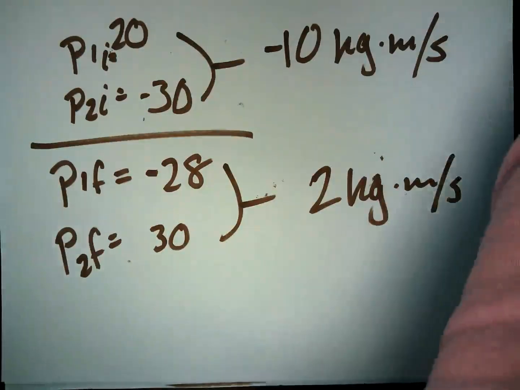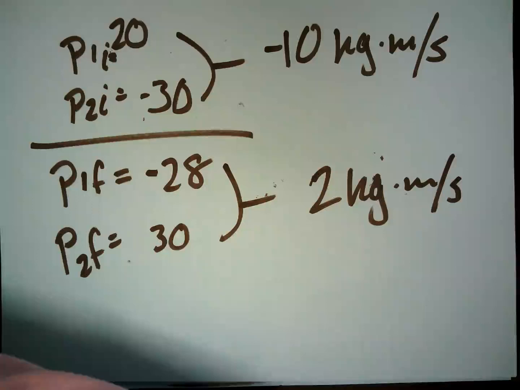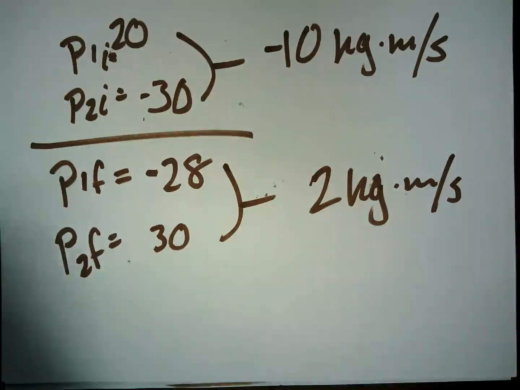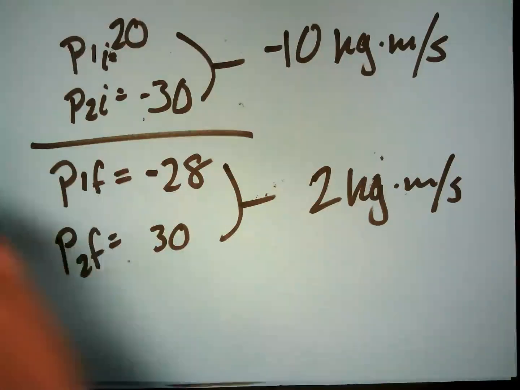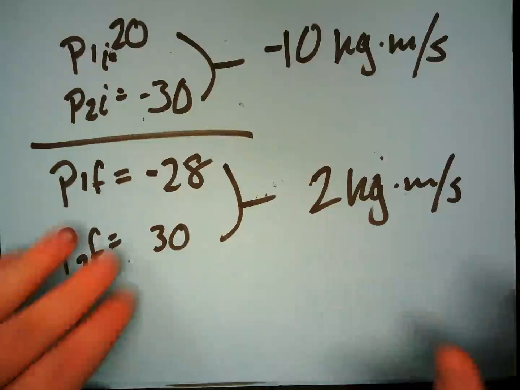So I'm missing something here. Did I plot out all those numbers wrong? I'm looking back at my calculations for the final velocity for object number 2.